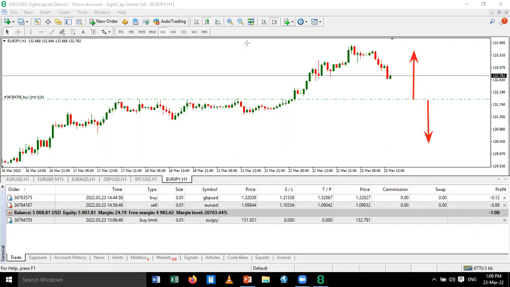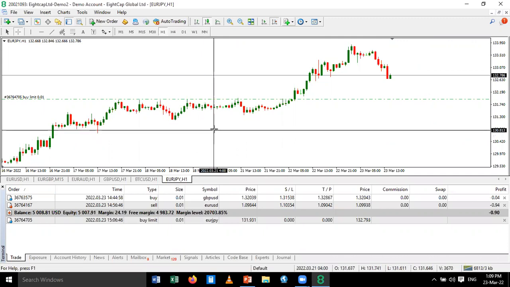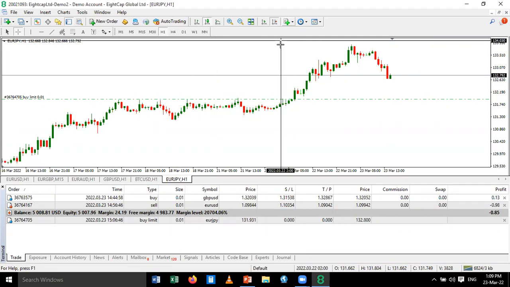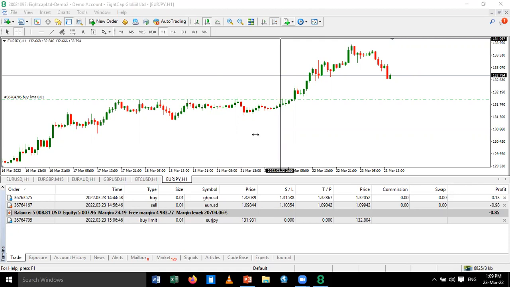Having that at the back of your mind, when my buy pending order is taken up, I may decide to use this price area here as my stop loss below. This is 130.894, so I can use 130.894 for my SL.